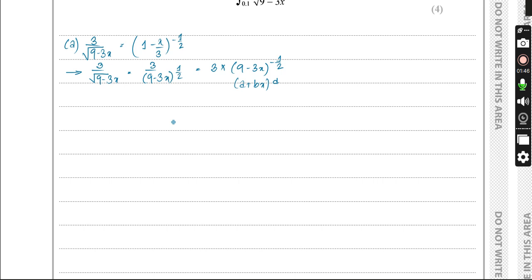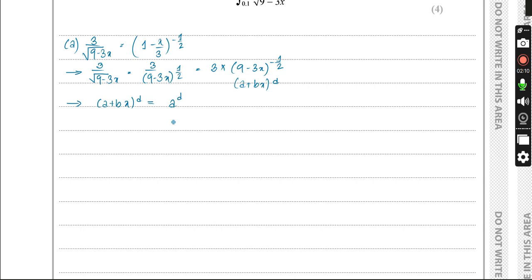In order to bring a 1 in the a plus bx to the power d expression, we usually do this. If we want to bring a 1 when a is not equal to 1, we actually take the a out. And since it has a whole power over it, we need to write the power here.